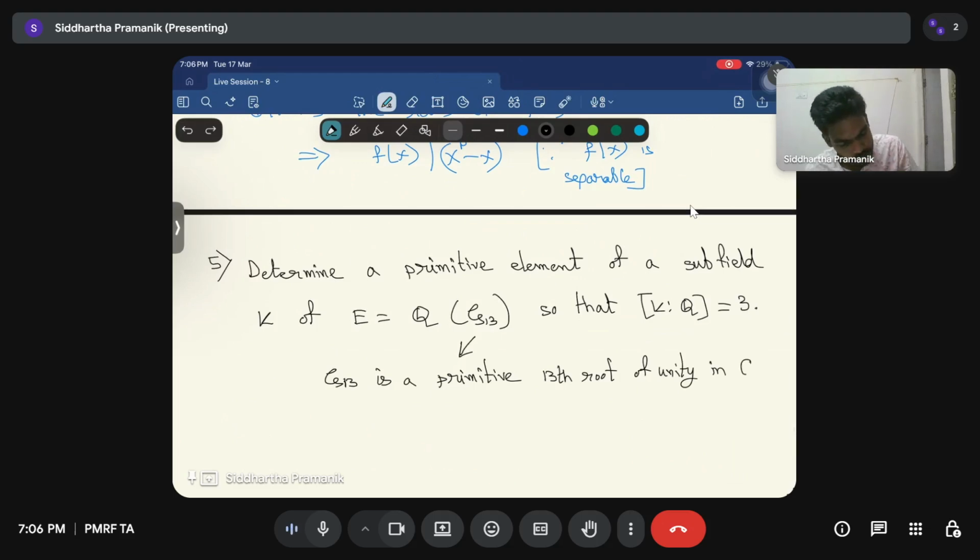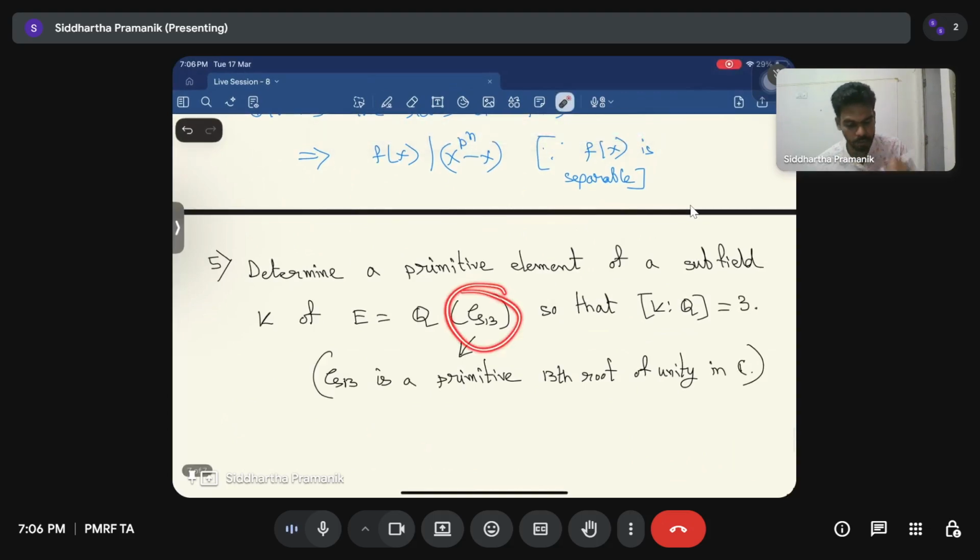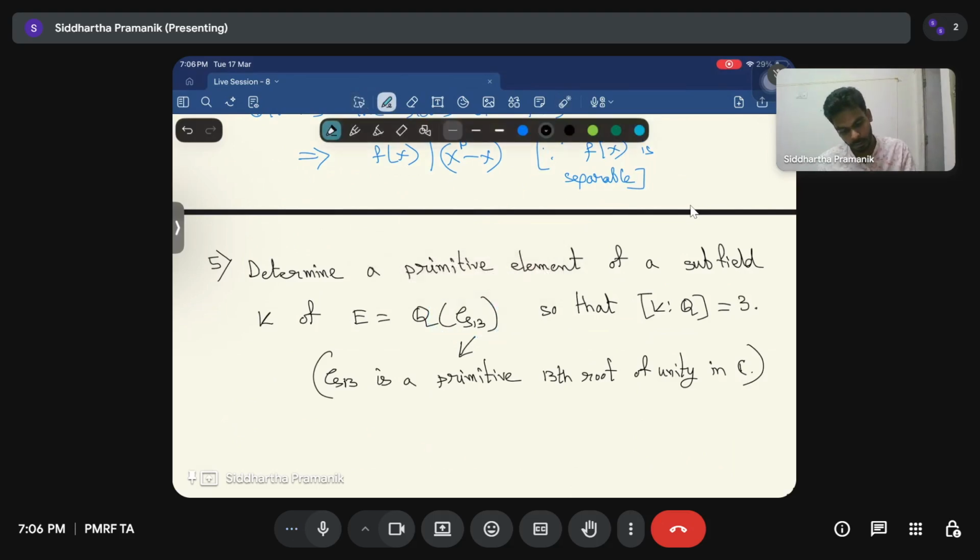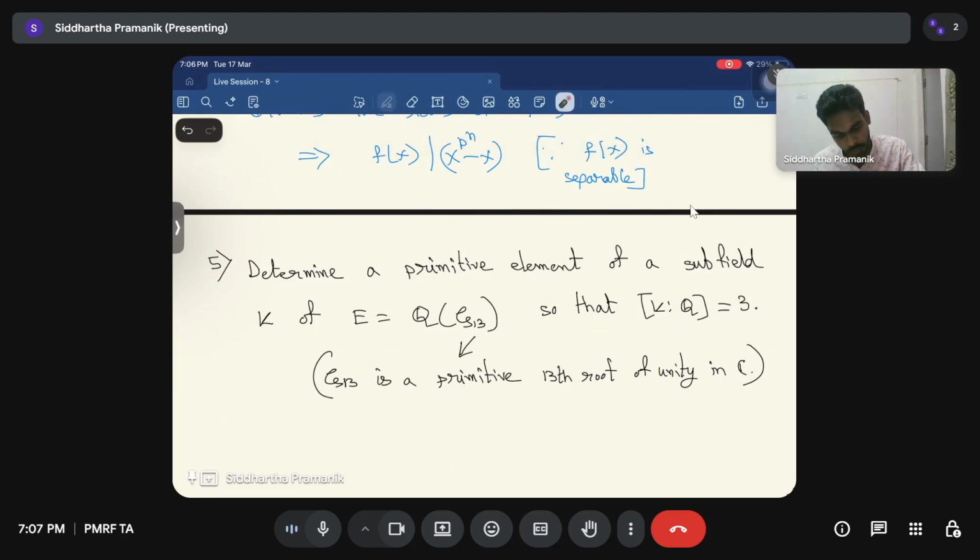Okay, so this is the notation which we have used. So this is the 13th cyclotomic extension of Q. Zeta 13 is a primitive 13th root of unity. So we need to find, okay, maybe I can draw.